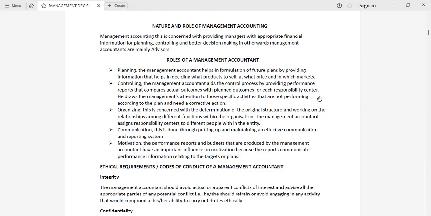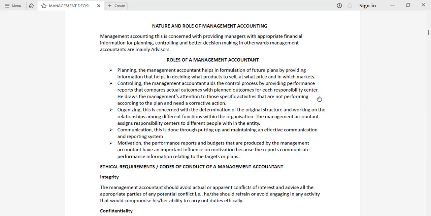Therefore, that's how a management accountant facilitates the planning process in an organization, by formulating future plans. Those come in terms of the budgets. You formulate the future plans that are going to help the entity to decide on the various pricing strategies.